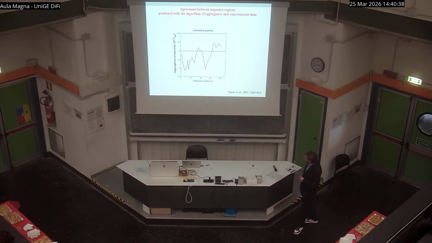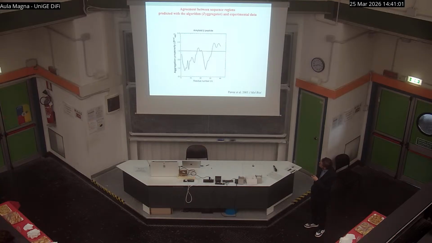But this algorithm actually uses the same principles of hydrophobicity, beta sheet propensity, and charge to calculate the aggregation propensity along the sequence. This is the amyloid beta peptide, only 40 residues from the N terminus to the C terminus.